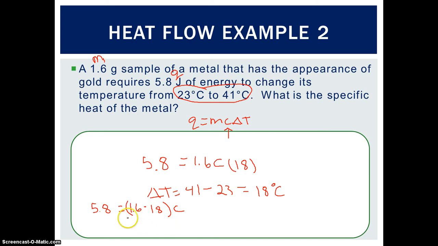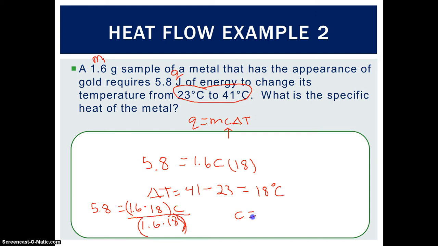So essentially, what I want to do to solve for C, you could do this math, 1.6 times 18, and put that number here if you want to, but I'm going to divide by this to solve for C. And divide by this in parentheses, so you're telling your calculator your proper order of operations.